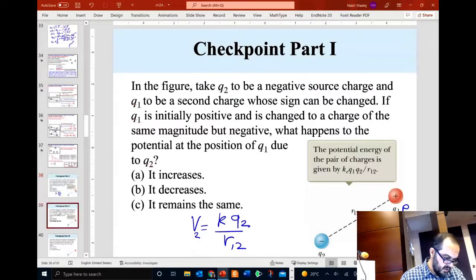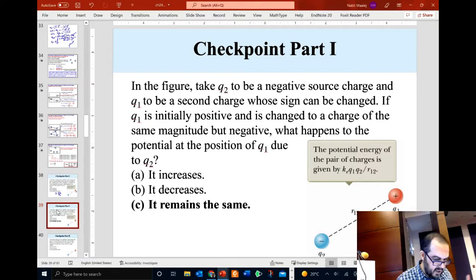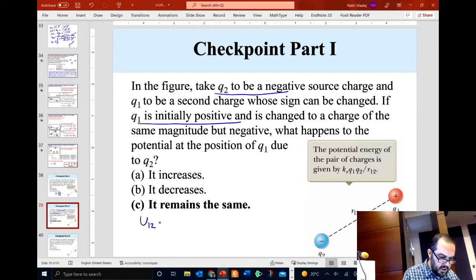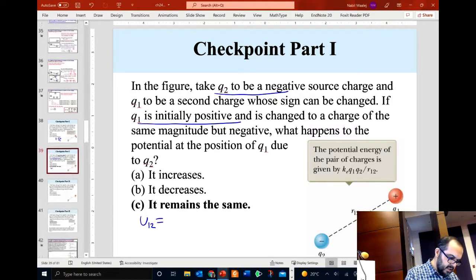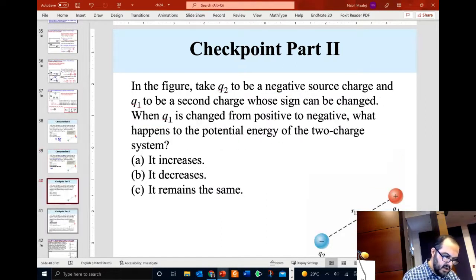All right, so in these questions I have to write the equations. Okay, so let's start. We have the charge Q2 negative, and Q1 is the second charge. Q1 is initially positive, so let's do U12. Oh, this is the previous question. Yeah, sorry, this is the next question. Okay, all right, thank you. So let's do U12 initially.